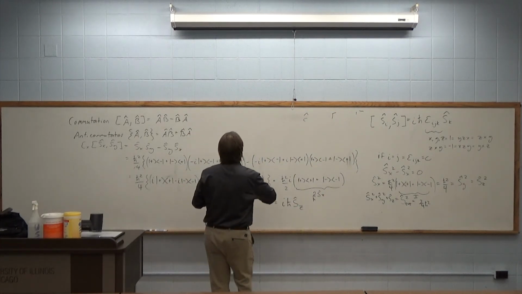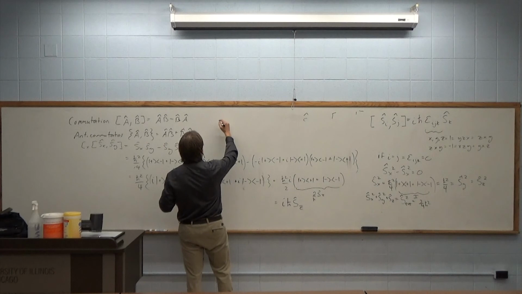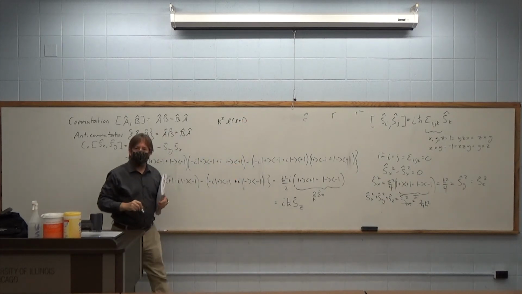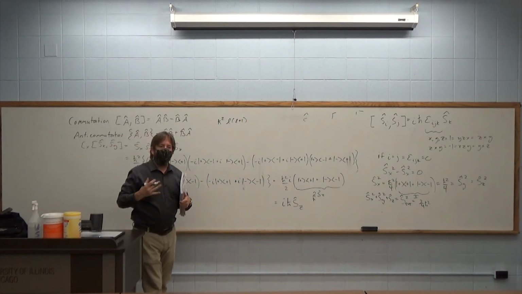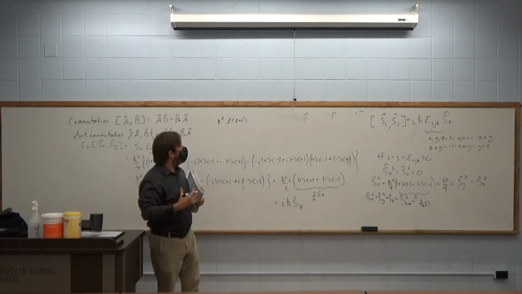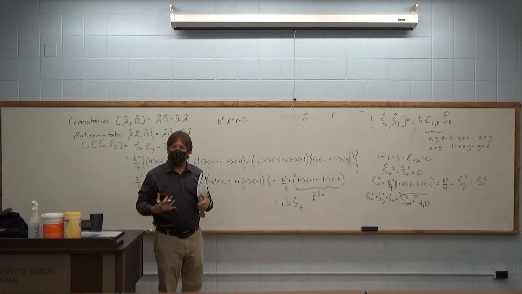Let me point this out to you. All right. Do you remember doing this? h bar squared l times l plus 1. Do you recognize that? That was the angular momentum of an electron.